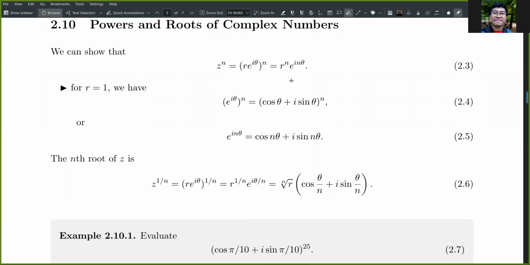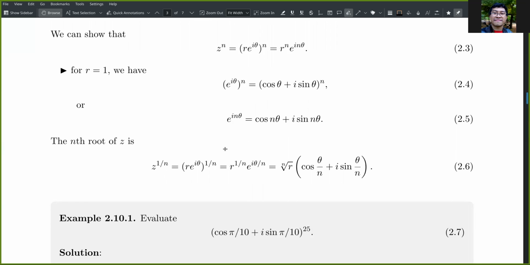So for r equals 1, you have (e^(i theta))^n, which using Euler's formula can be written as (cosine theta plus i sine theta)^n, or we put n inside, e^(i n theta), that's equal to cosine n theta plus i sine n theta.